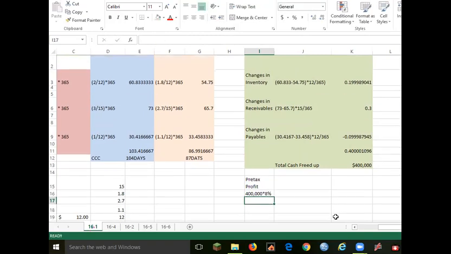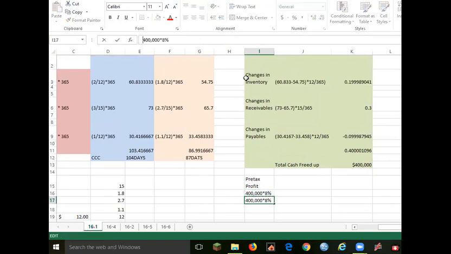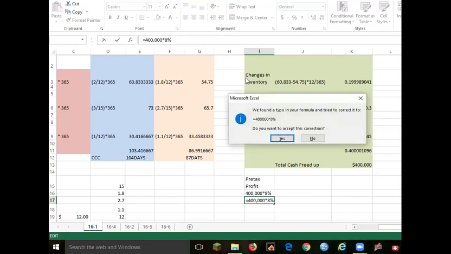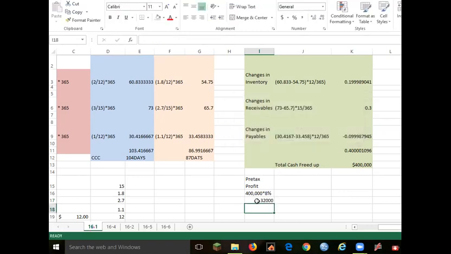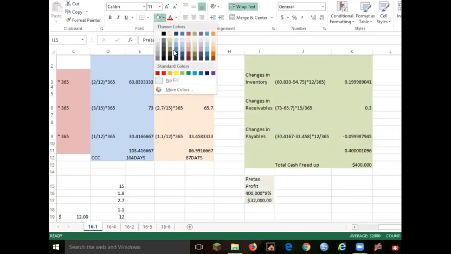So total freed up capital would be 4 lakh, whereas the interest on it, or in simple words the pre-tax profit, is $32,000. So this is the last part answer.